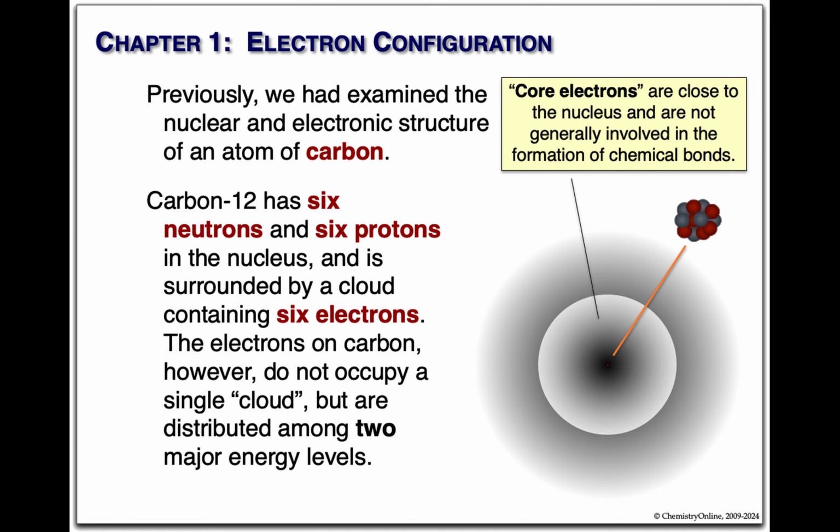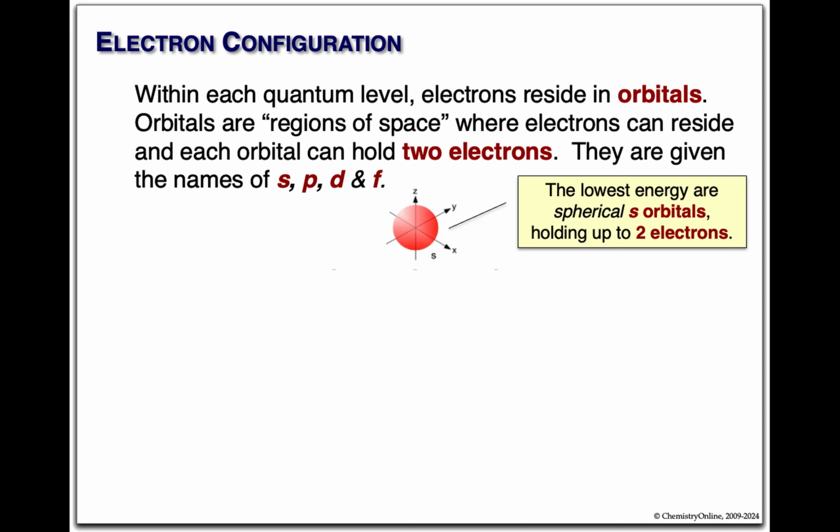Now within each of these energy levels, electrons reside in something called an orbital. The simplest orbital is a spherical thing called an s orbital. The orbitals will be s, p, d, and f. Each orbital can only hold 2 electrons.